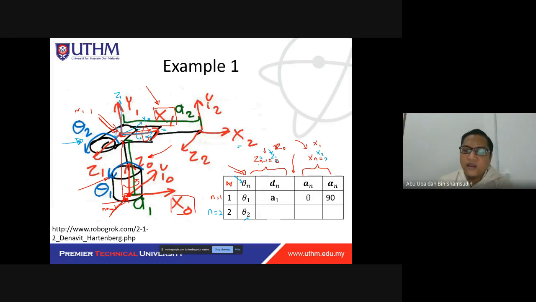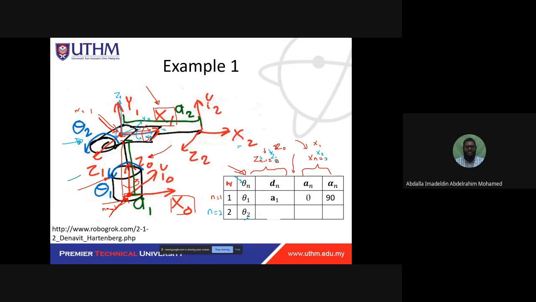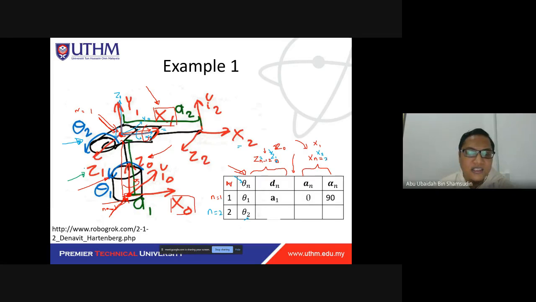Now we need to move along the z1 axis. So where is the z1 axis? I will use another color. This is the z1 axis. You will move along the z1 axis so that this point here is parallel with this point here.